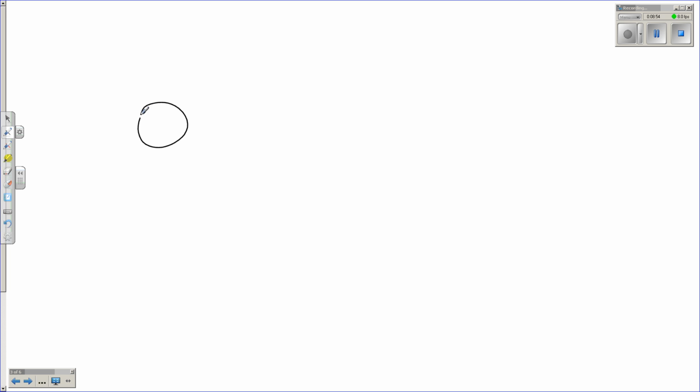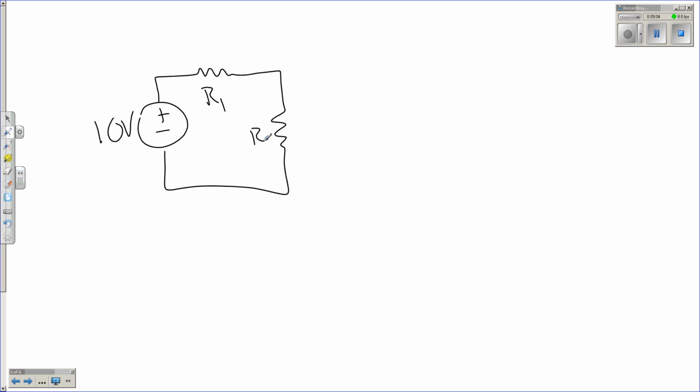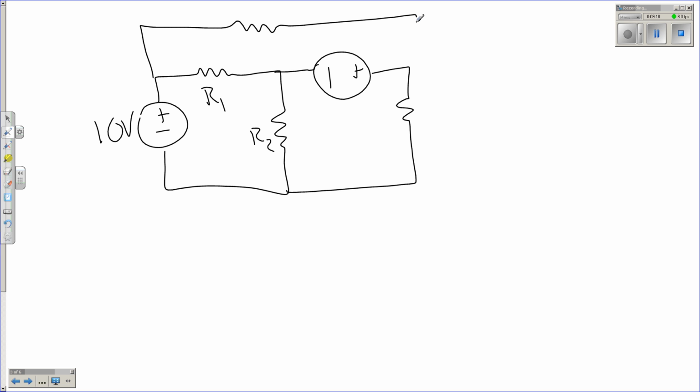We'll go with our old standby circuit here. So this is R1, R2. Now here, instead of a resistor, now we've got another source. That's going to give us some problems, right, for V3 and for V2.